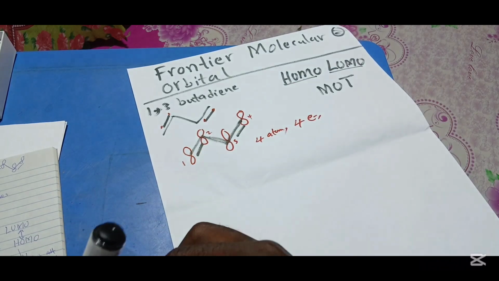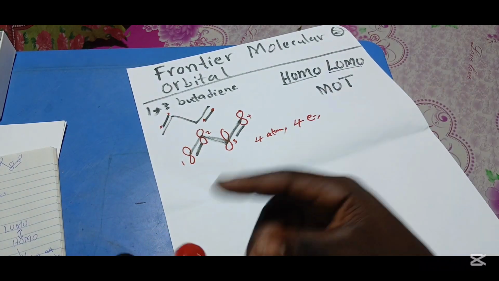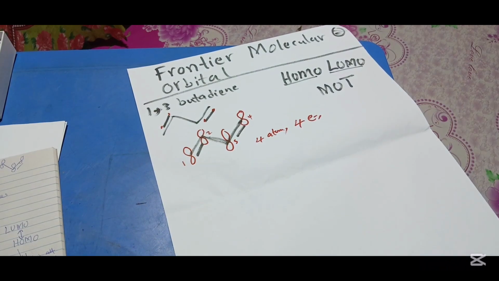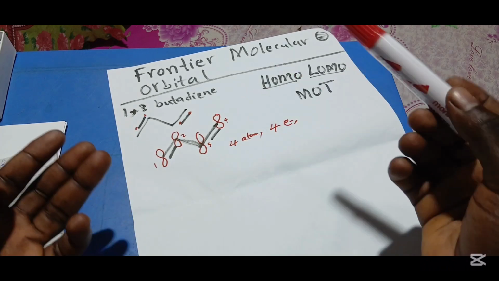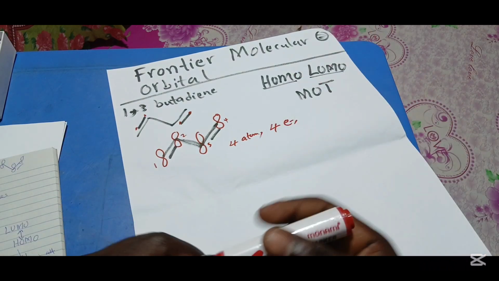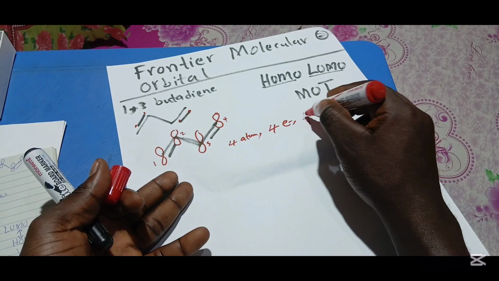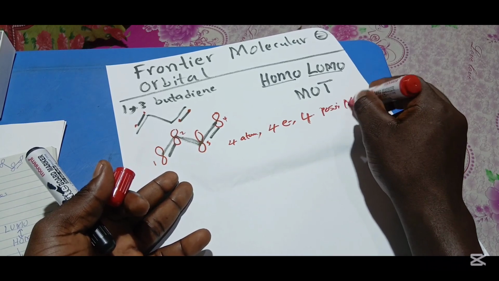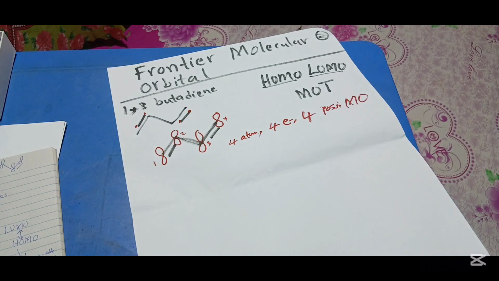What possible molecular orbitals can we get here? Four atoms give us 4 molecular orbitals.